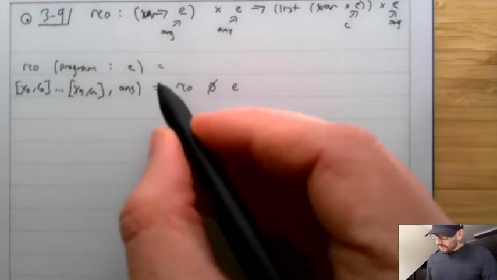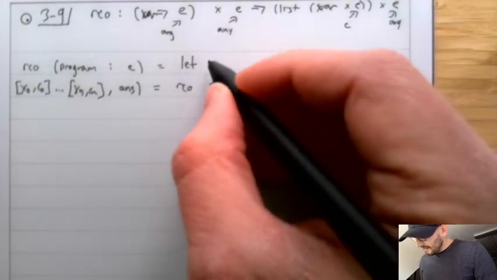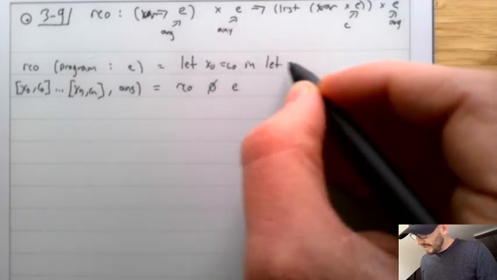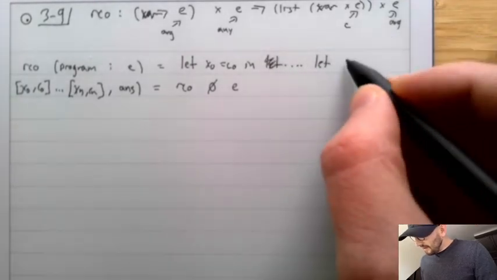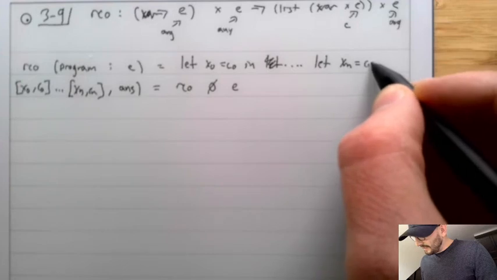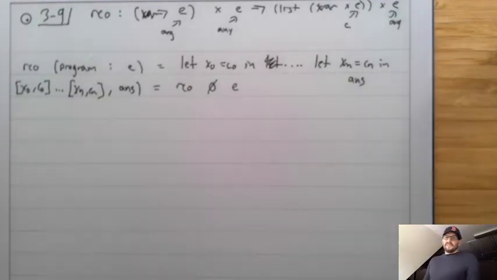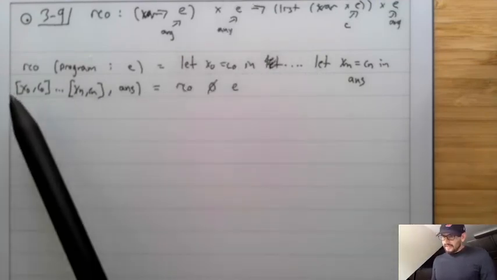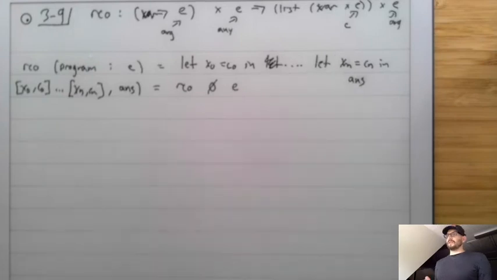And so what we're going to return is let of x0 equals c0 in let, and then there's going to be a whole bunch of those, and then let of xn equals cn in answer. So basically what goes on is that when you call RCO, you get back a list of all the variables that you're going to need combined with their complex expression, and then the final answer that you want.